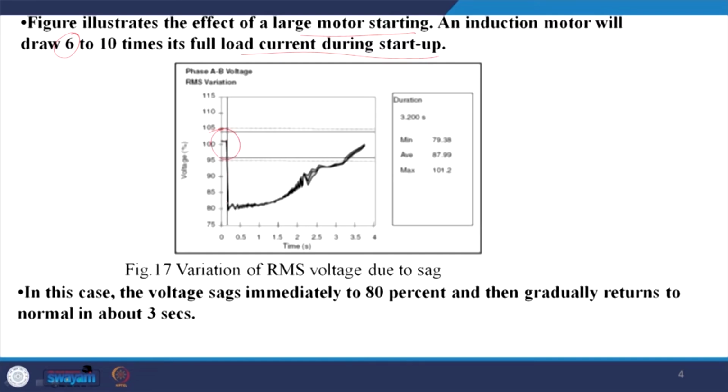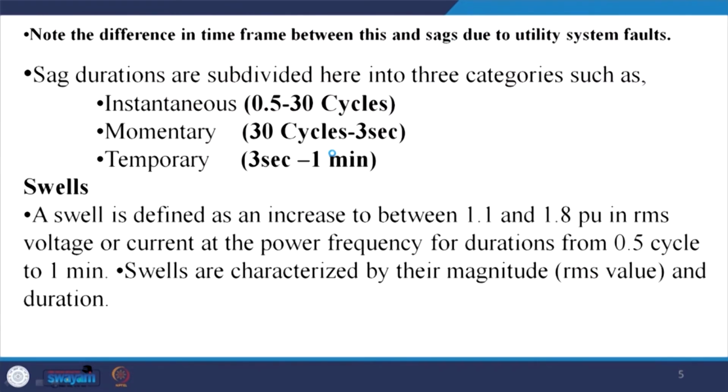There will be a fall in the voltage from 100% to 80%, and then it gradually returns. The time scale is in seconds. As shown here, the voltage sags immediately to 80% and then gradually returns to its normal value after 3 seconds. So, this is a case where voltage sag may occur.